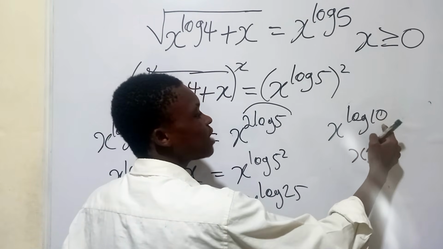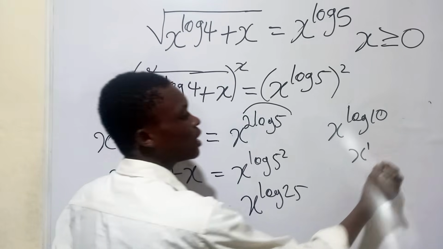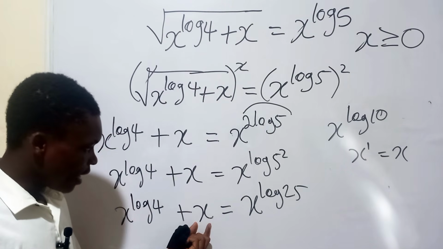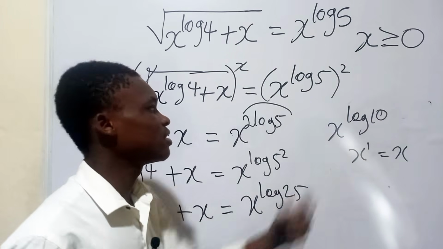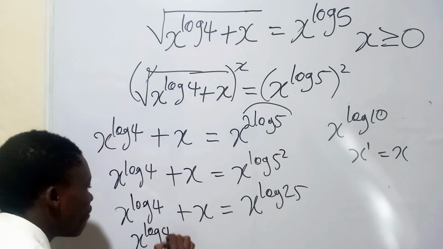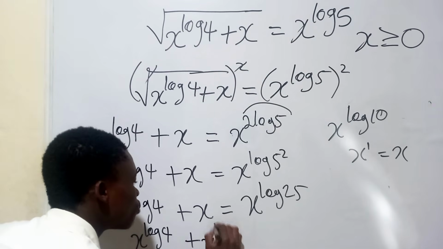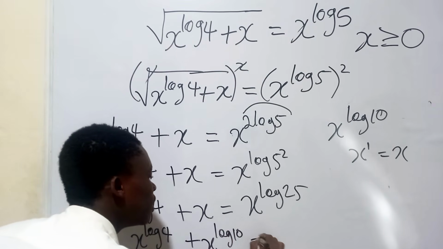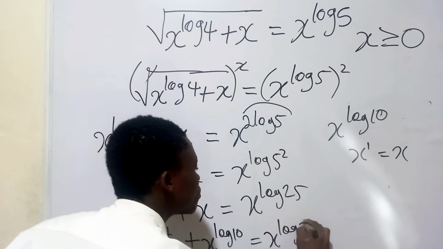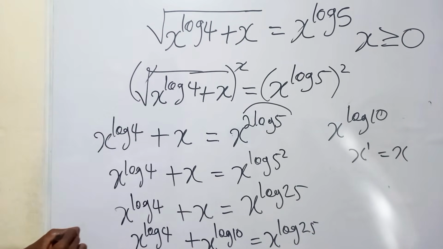So this is x raised to the power of 1, and this equals x. I can represent this by saying x to power log 4 plus x to power log 10 equals x to power log 25.